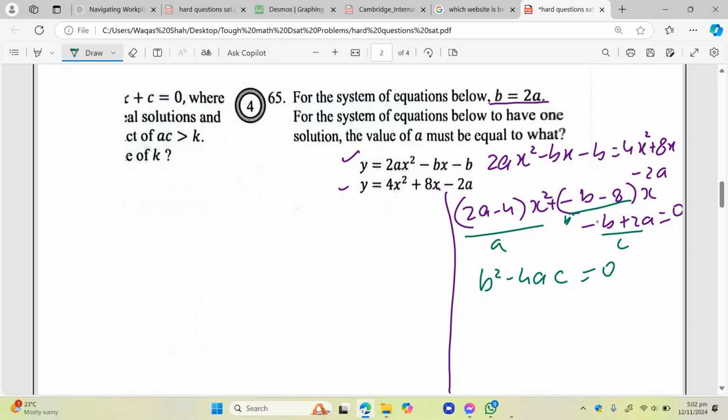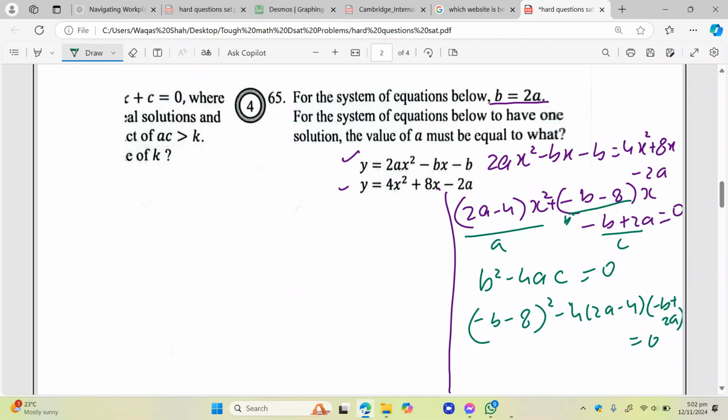So now put value from here, you can take minus common, right? So you can write like this: minus b minus 8 square minus 4 times 2a minus 4, and c is minus b plus 2a, and that will be equal to 0.